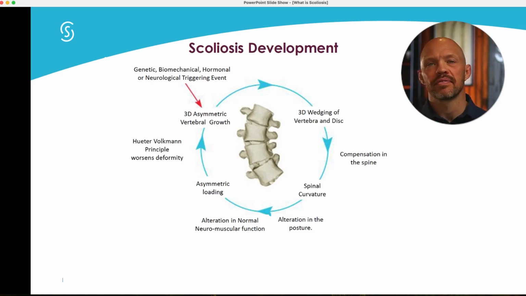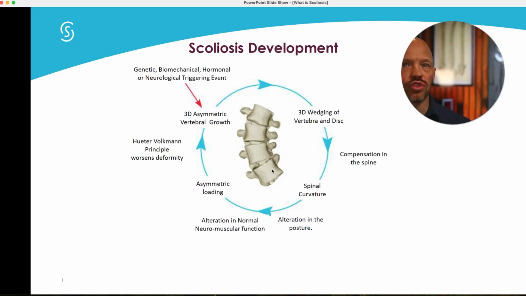And so now you have a second mechanism that starts to kick in, in addition to this initial genetic and other multifactorial thing. Something genetically starts this, but when the curve gets beyond 20 degrees, we have this mechanical force on the inside of the curve where the Hueter-Volkmann principle takes over, and on the inside of the curve the bones are growing slower and the outside is growing faster. This typically happens when the curves get to about 20 degrees.